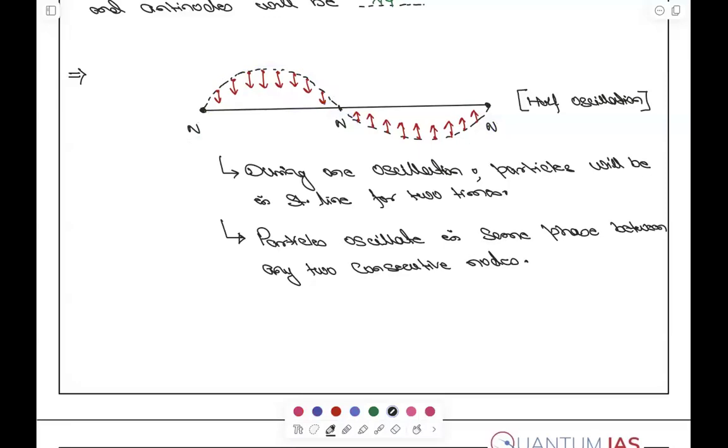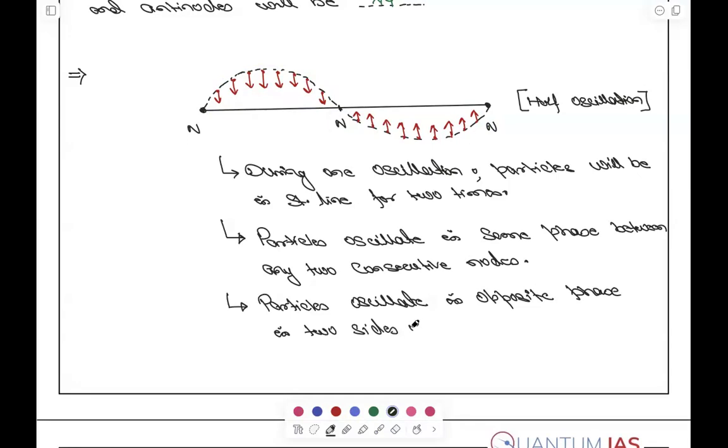But particles oscillate in opposite phase, or different phase you can write, on the two sides of a node.